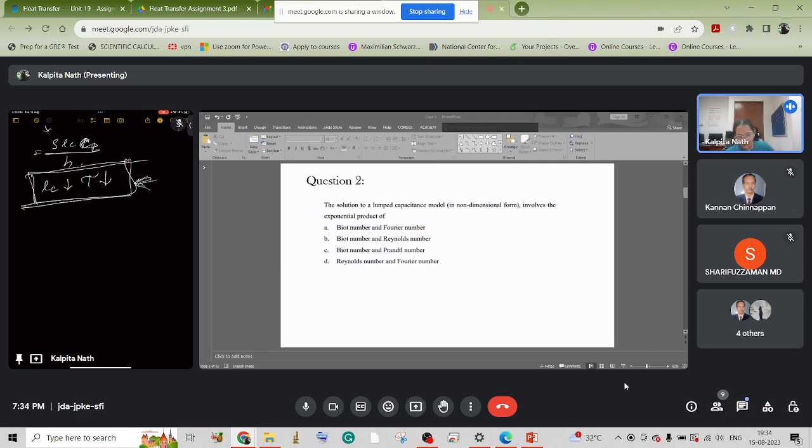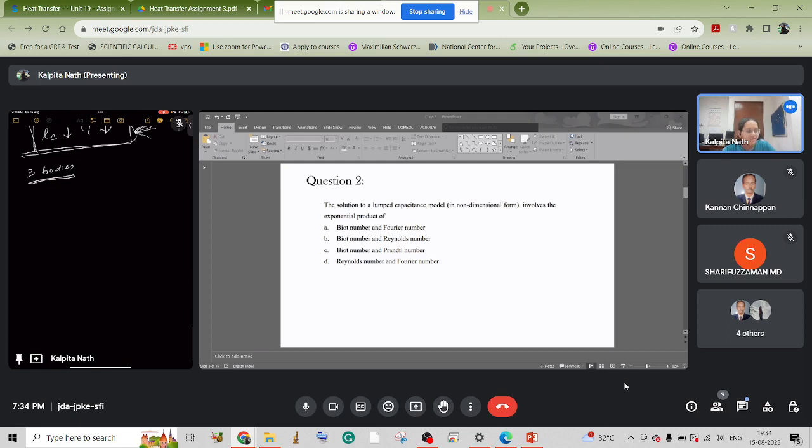So let us have three bodies that have the same initial temperature, same mass and same material. Just the structure of the bodies are different. One is a cube. Let us consider that each side of the cube is R, right?